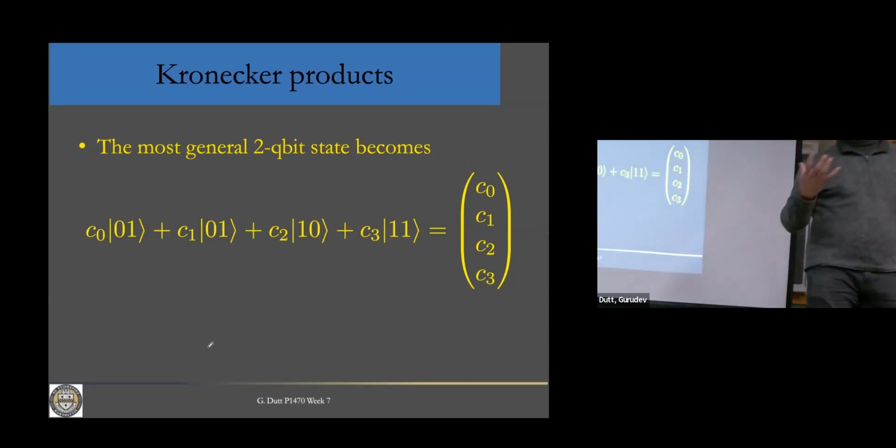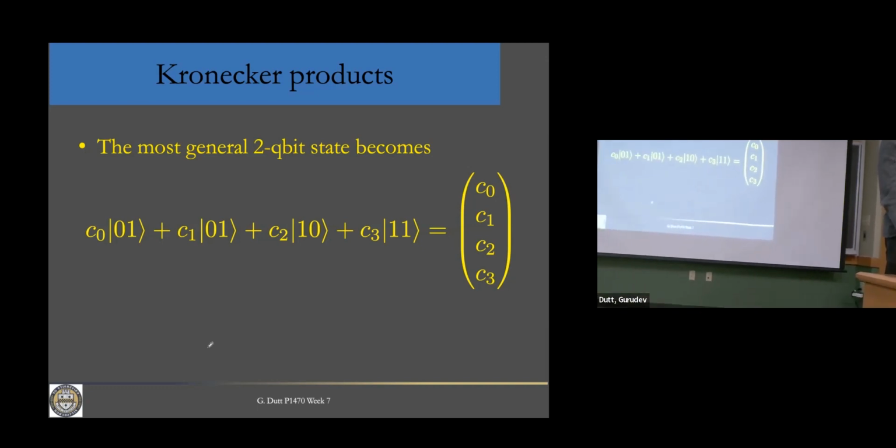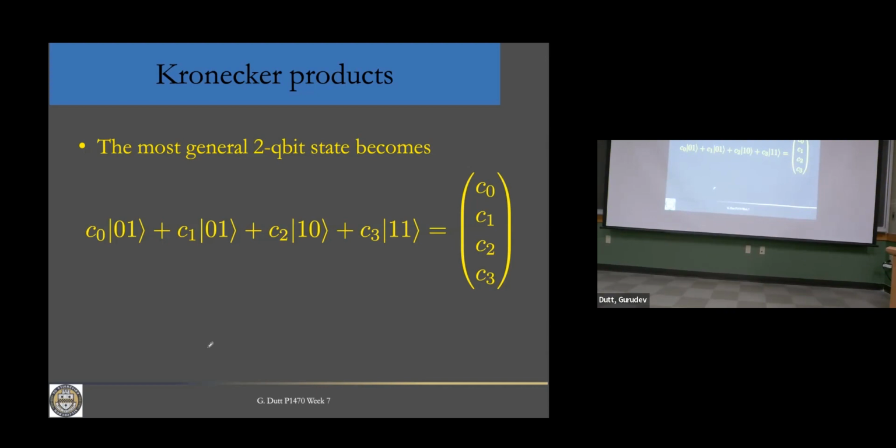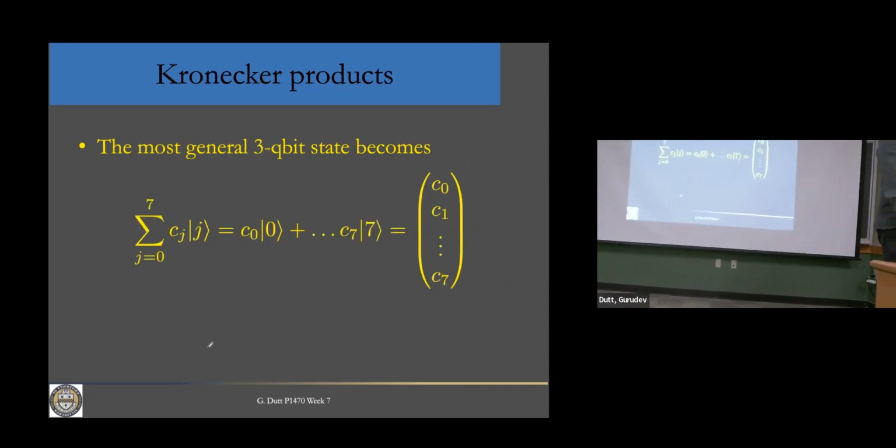And maybe that's holding us back in some way. And of course, you imagine you go to n qubits, now it becomes exponentially harder to visualize anything. Okay. So anyway, that's the unfortunate situation that we're in. And we just have to live with writing down sets of numbers. And this, of course, is pretty much calling for computer programs that you start using to manipulate these numbers and so on. Okay.